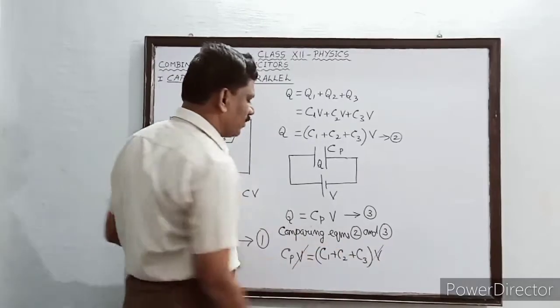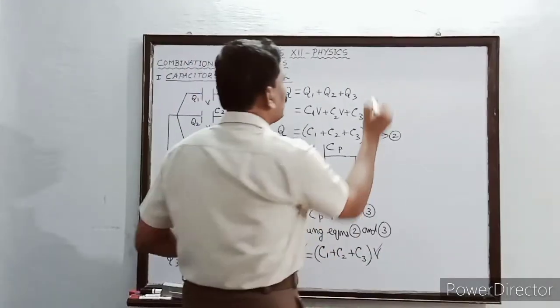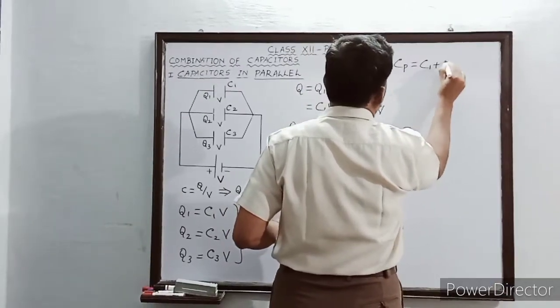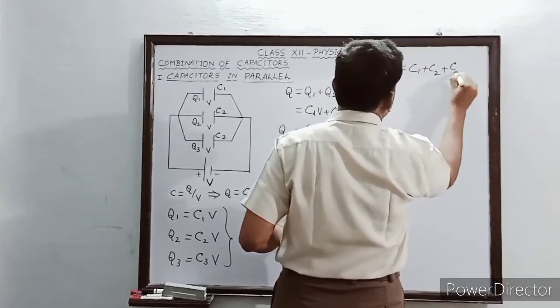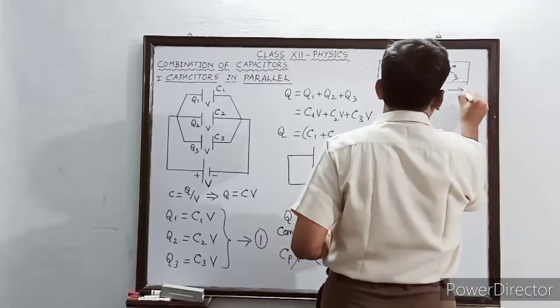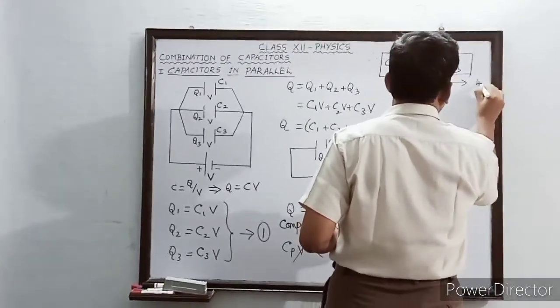What is remaining? Therefore, C parallel is equal to C1 plus C2 plus C3. This is the final expression we need, and this is equation 4.